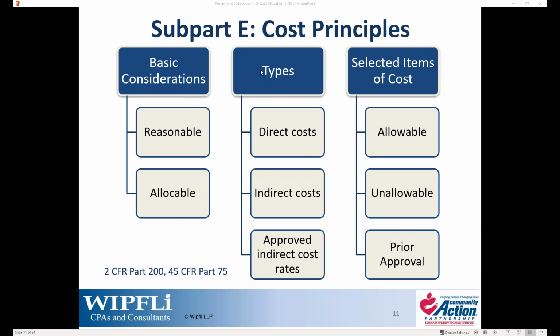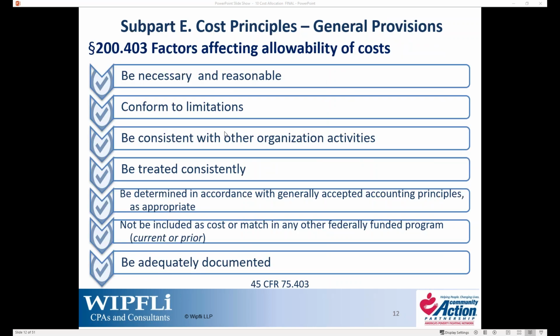There's another webinar that's available on allowable costs and understanding which costs are allowable under the cost principles. So we have to determine whether a cost is allowable, whether it is unallowable, or whether it needs prior written approval. All of these considerations have to be kept in mind as we're considering a cost.